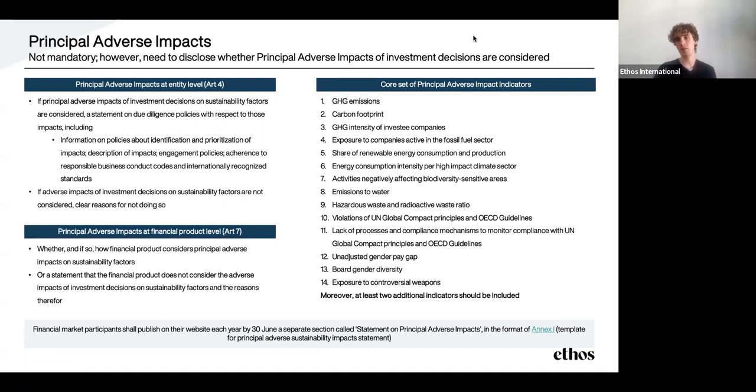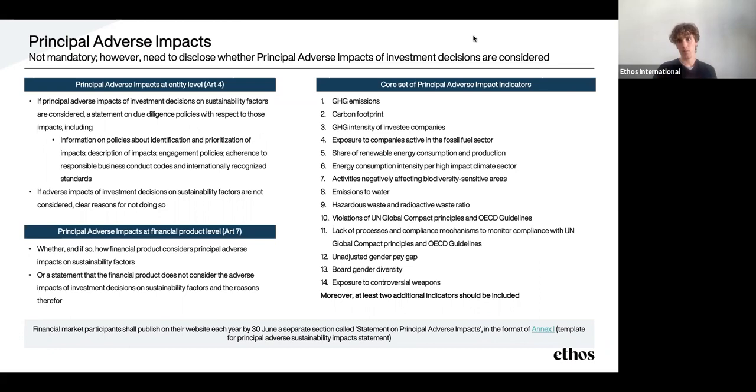But that then just has to be reported transparently so that the investment advisor or whatever other intermediary is selling your fund can then disclose that your fund does not disclose or manage principal adverse impacts.